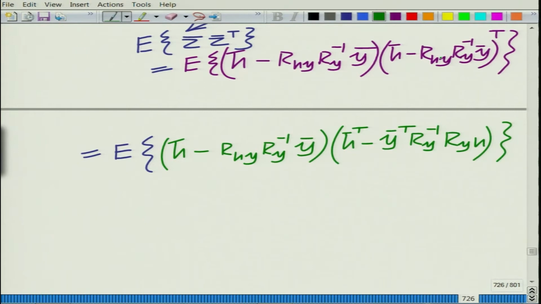So we use the property here that R_HY transpose is nothing but R_YH. This is something that we had established before. This is easy to see, because R_HY is nothing but the expected value of h y transpose, and R_YH is the expected value of y bar h bar transpose, and these are transposes of each other.